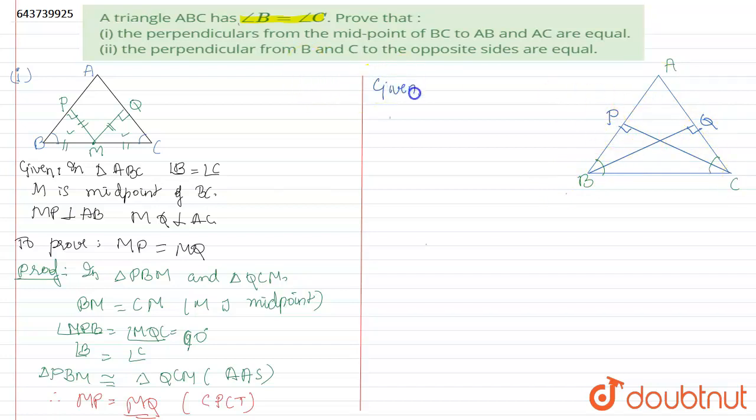Now given, in triangle ABC, angle B is equal to angle C. This is given. And BQ is perpendicular to AC and CP is perpendicular to AB. This is given. How to prove?